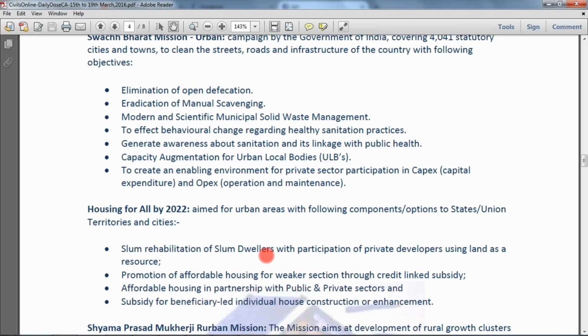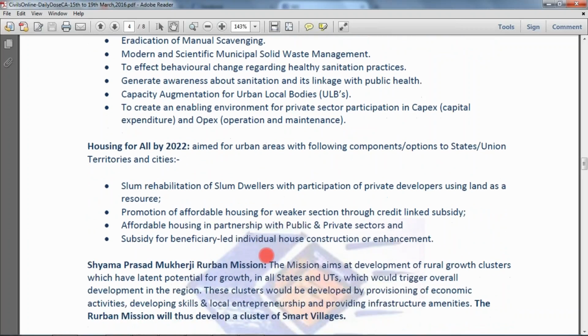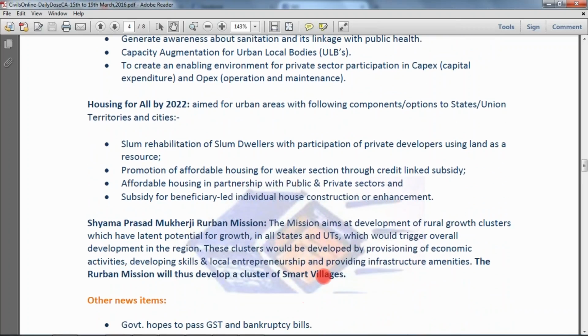And there is another mission that is particularly for the rural areas or semi-urban areas, to make them as smart villages. The mission aims at the development of rural growth clusters which have latent potential for growth in all states and UTs, which would trigger overall development in the region.